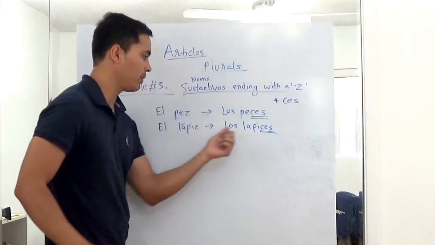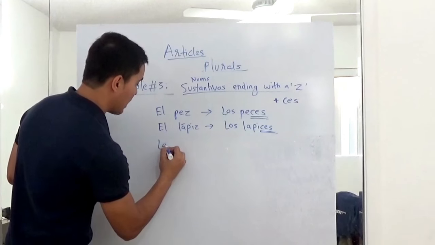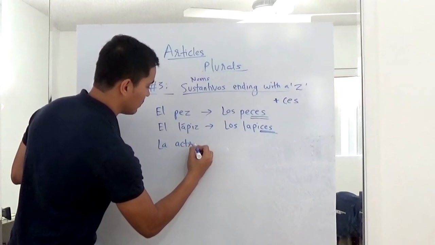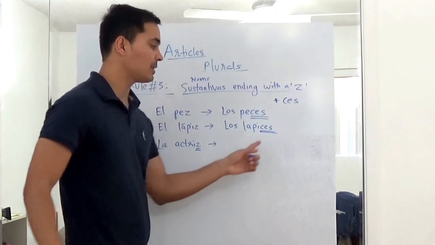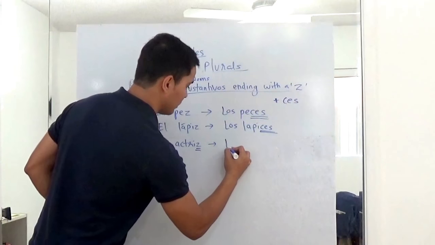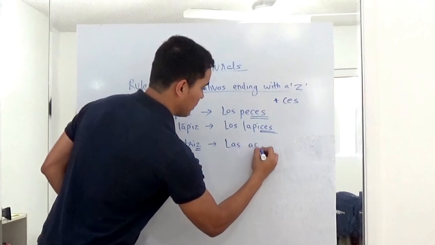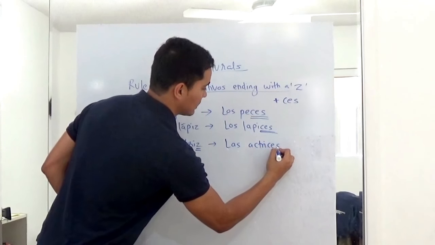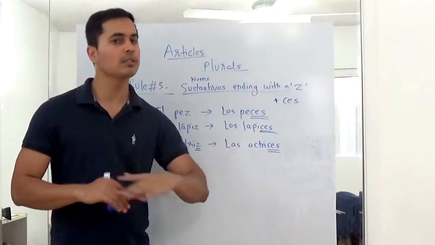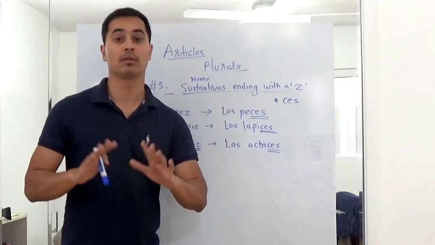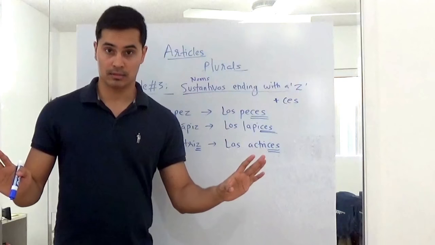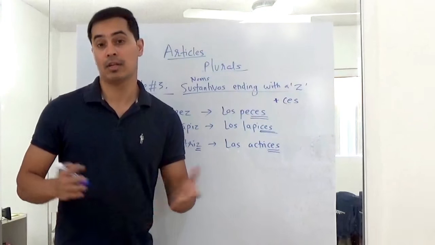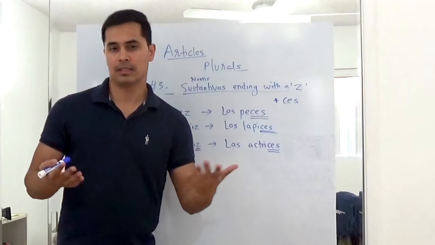So we replace Z with CES. La actriz, which means actress. So I have to replace Z with CES. So the plural form is las actrices. So right now, you know these three rules. You're good with the majority of the nouns. Mayoría de los sustantivos. Pero hay excepciones. There are exceptions, which we'll learn as we go along.